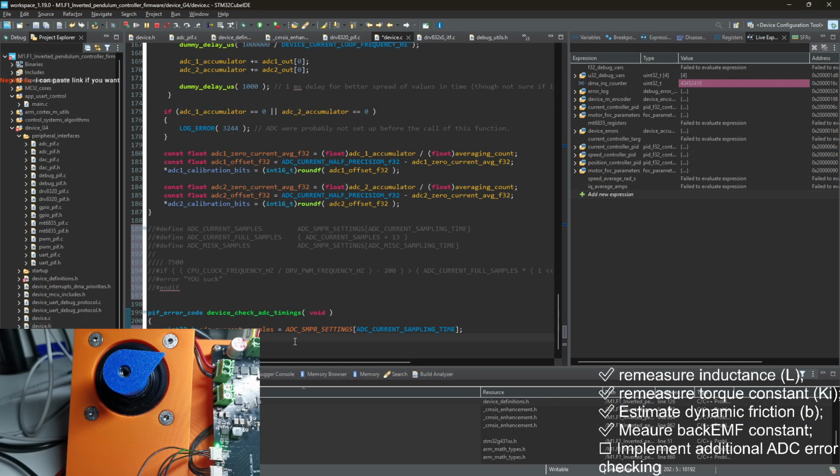Yes, perfect. Then, and it should be a const value for optimization purposes. Const uint32_t ADC current full samples will be equals to this. Just that plus 13. Okay.